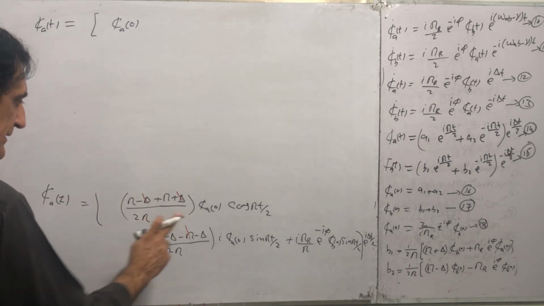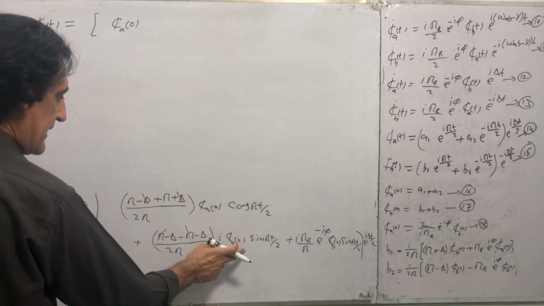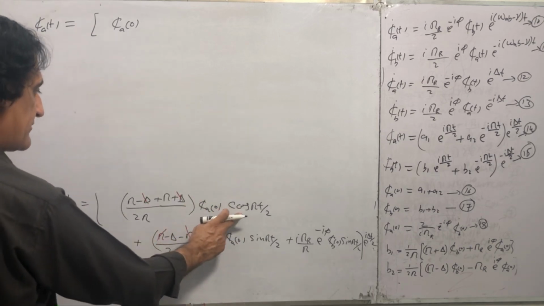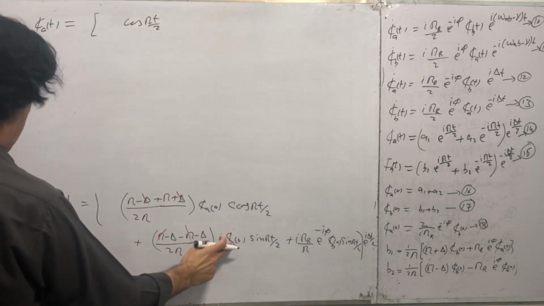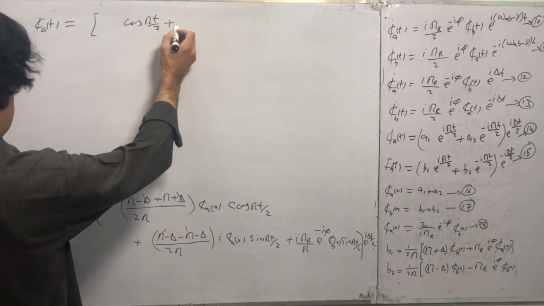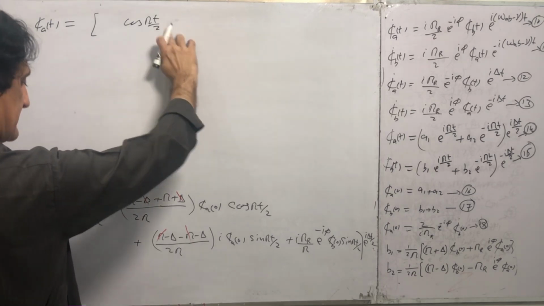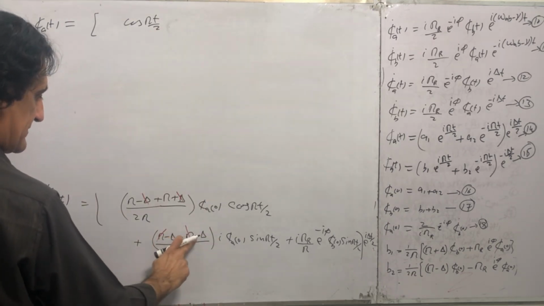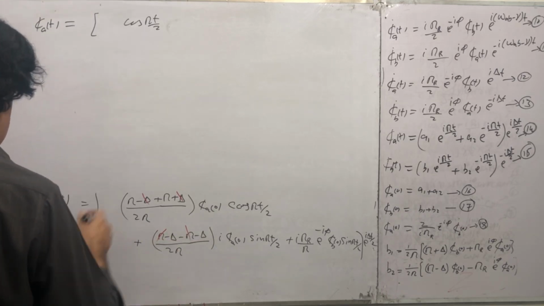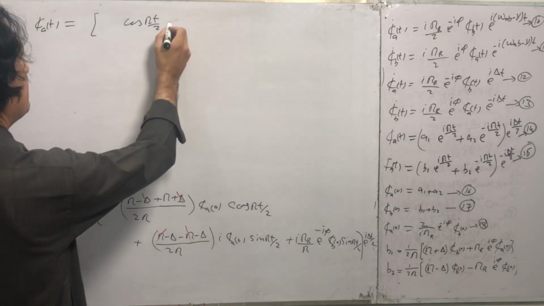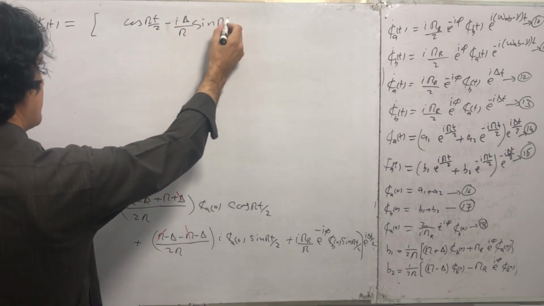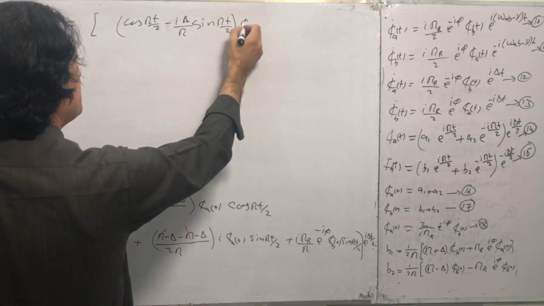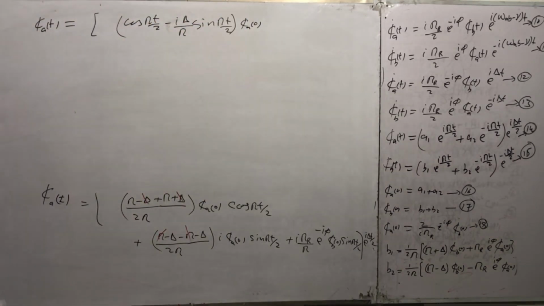We can get 1, and also C_A from here, then we can have cos(ωt) divided by 2, and minus, here minus 2Δ, and 2 will be cancelled with this, then we have minus iΔ divided by ω and sin(ωt) divided by 2, and C_A(0) can be taken as a common here.